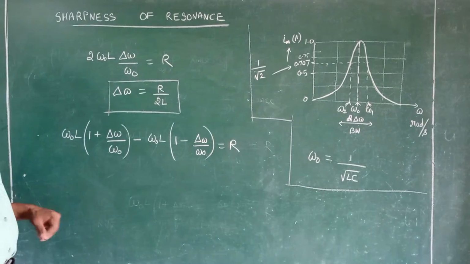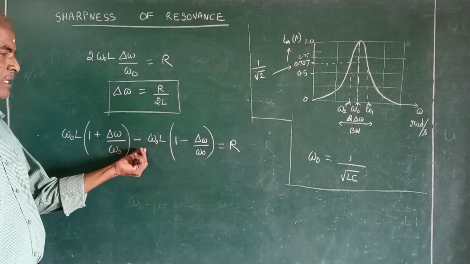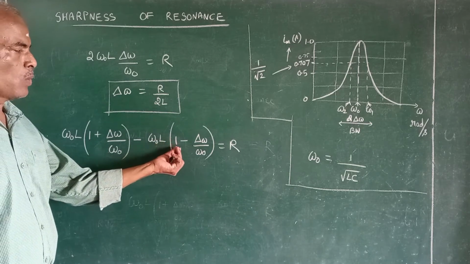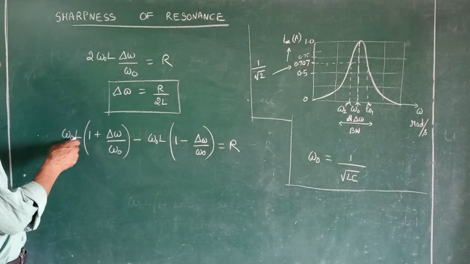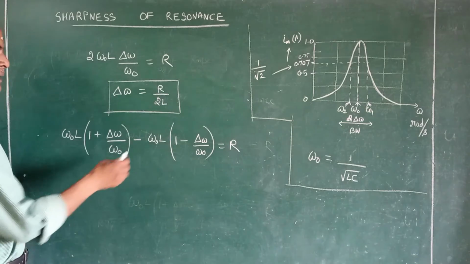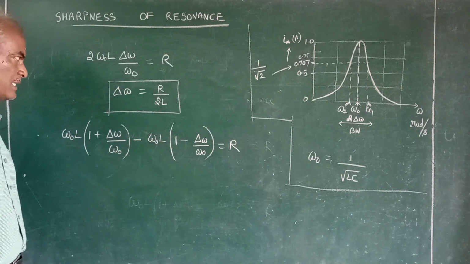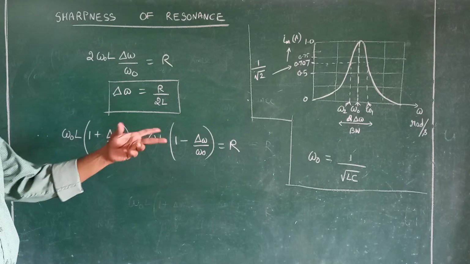So just now we got ω naught L into 1 plus del ω by ω naught minus ω naught L into 1 minus del ω by ω naught, which is equal to R. Now ω naught L and this minus ω naught L both cancel. This minus into minus will give you plus. Therefore ω naught L del ω by ω naught, you have two terms.